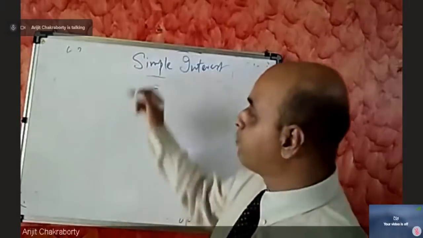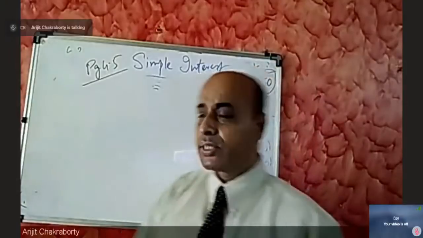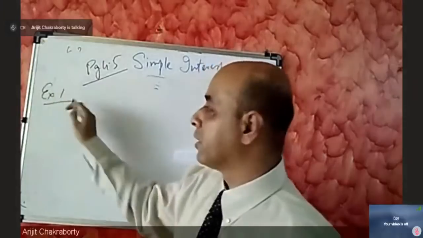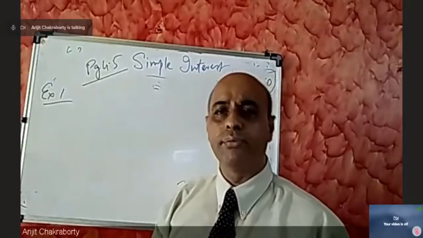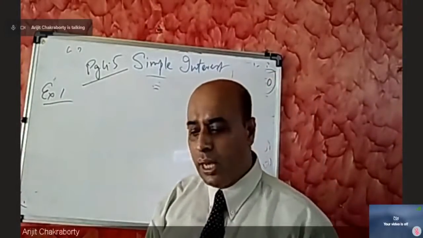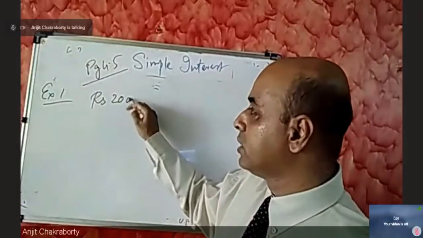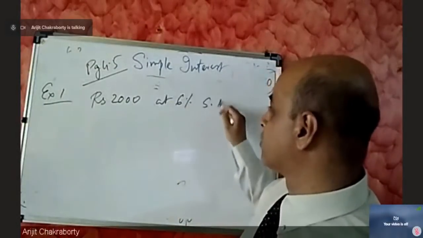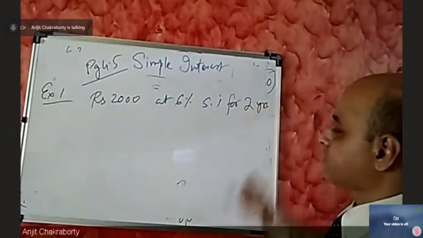Now let us look at page 4.5. This is 4.5 of your study material. We are doing example number 1. Let us start with the simplest example so that we can build up our concept and get the confidence. Please see the question: How much interest will be earned on rupees 2,000 at 6% simple interest for 2 years?